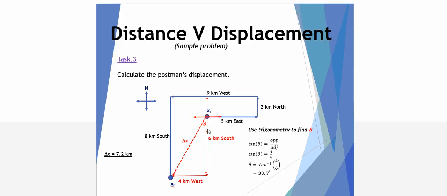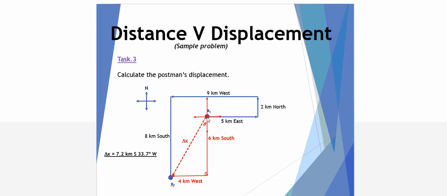So when we use our basic trigonometry, opposite over adjacent is a tan function. We substitute in our numbers. Our opposite value is 4 kilometers. Our adjacent value is 6. To get theta by itself, I take the inverse tan of 4 on 6 and I get 33.7 degrees. So my final answer for the displacement of the postman is 7.2 kilometers south, 33.7 degrees west.